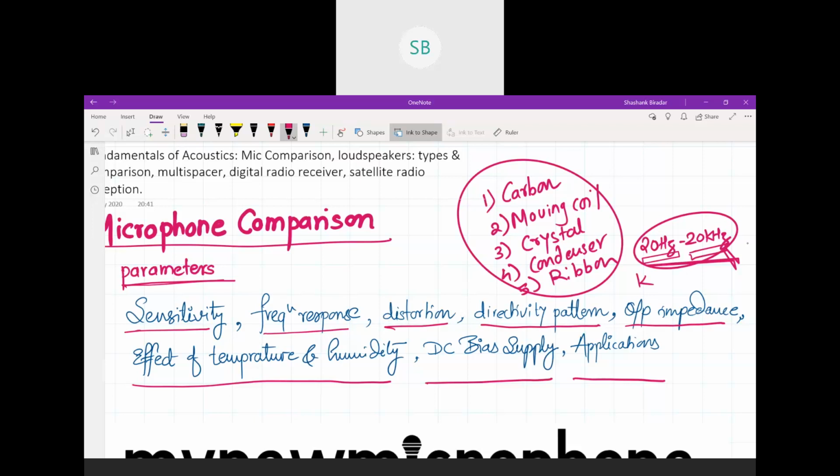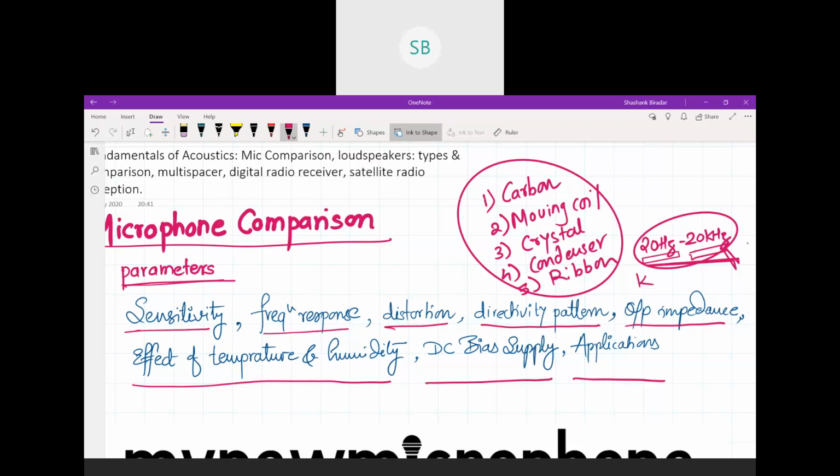Others, like the moving coil, the crystal and ribbon, do not require DC bias supply.